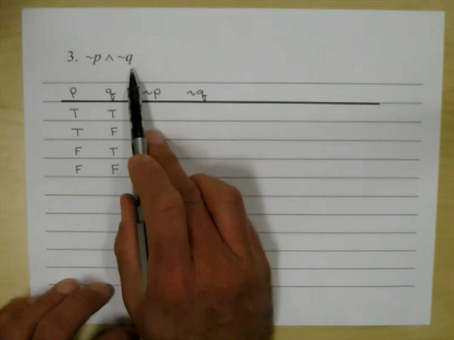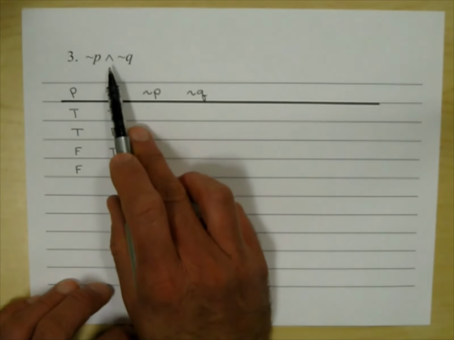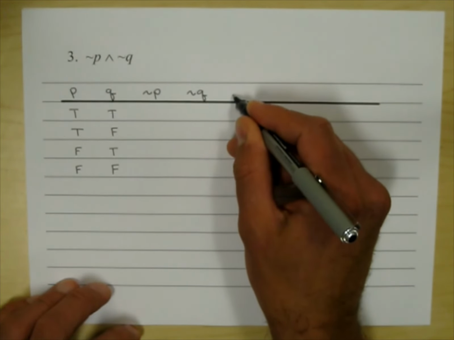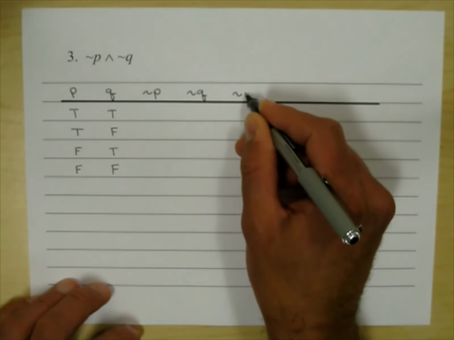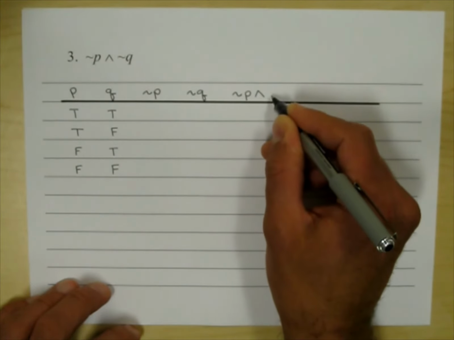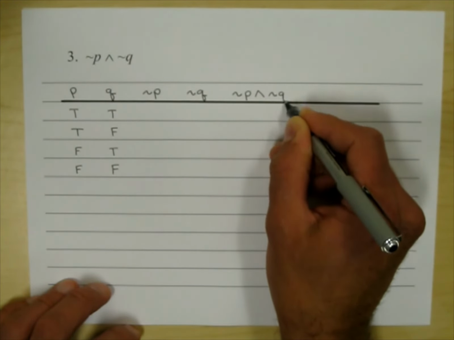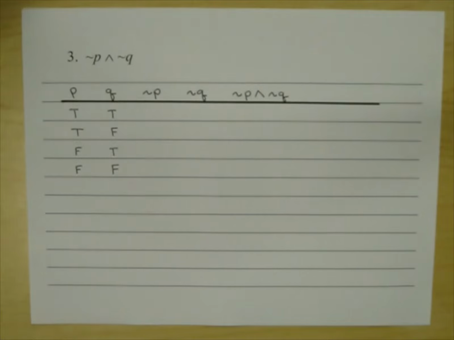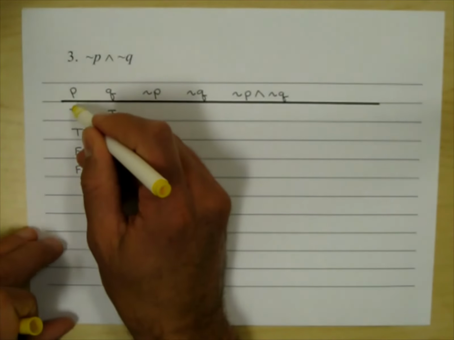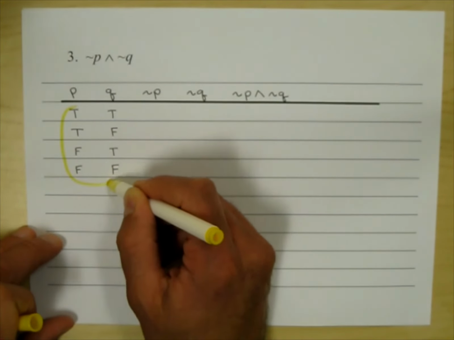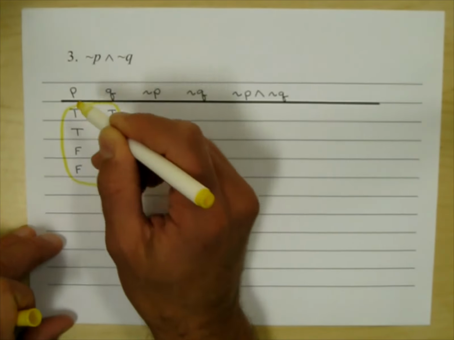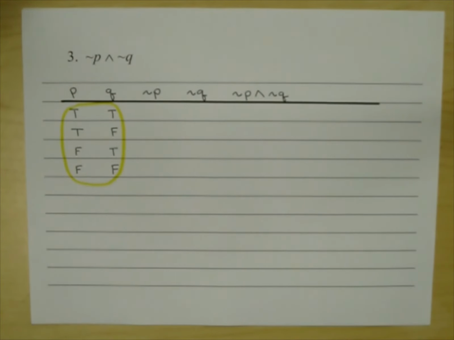Now that I have those, I'm going to AND them together: negation P and negation Q. I'll point out that this is the same thing we've been doing in all the problems with 2 letters. And let's get going with this truth table.